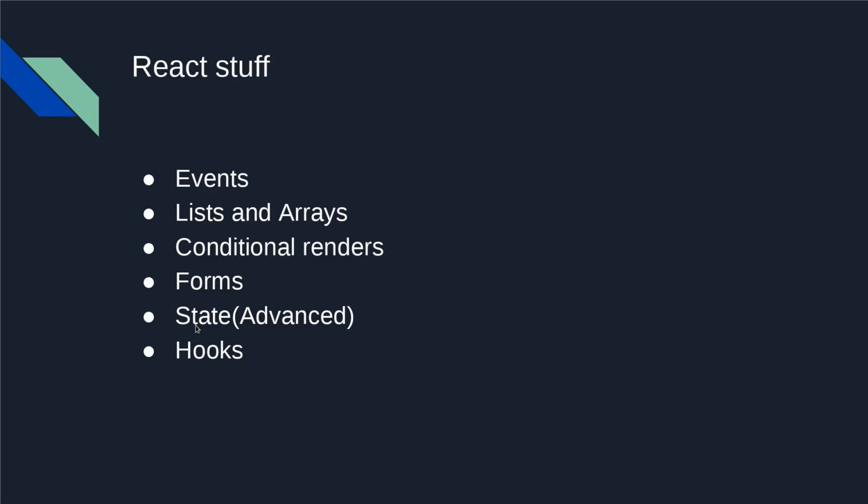So once you understand how to interact with DOM events and how React handles them, then we should move to something known as lists and arrays. We don't have much of the concept of lists in JavaScript, but we have arrays. So how do you work with arrays in JavaScript? Because I know in Vue we use something known as a for of loop, I think it's a for in loop.